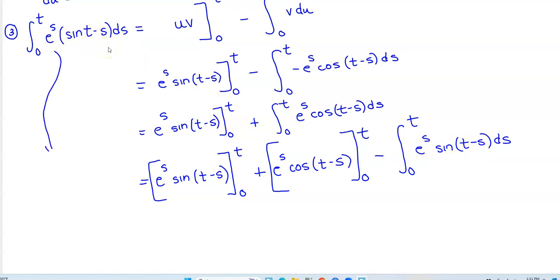So we're going to bring that down over here, and we're going to have 0 to t e to the s times the sine of t minus s ds. So let's go ahead and rewrite that up here.